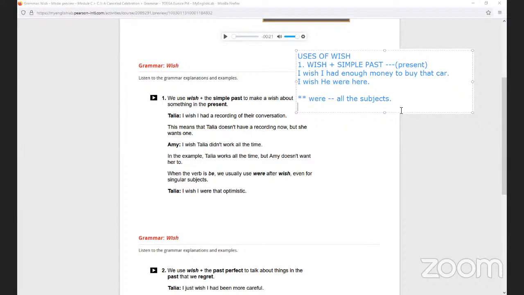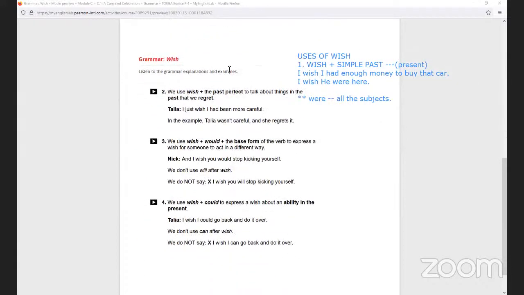Now, what else do we have to use? Another thing that we have is the second wish. Let's go here. What does this wish say? In this case, we're going to have wish plus not the simple past, but the past perfect.